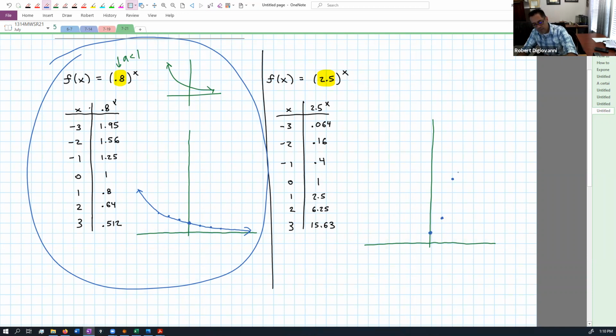And then 3, I'm way up at 15, somewhere way up here. And then to the left, I should have decay. So again, you don't have to be perfect with this. What I want you to do is just make sure you have the correct general shape of the graph and that your table is correct. Okay, any questions?